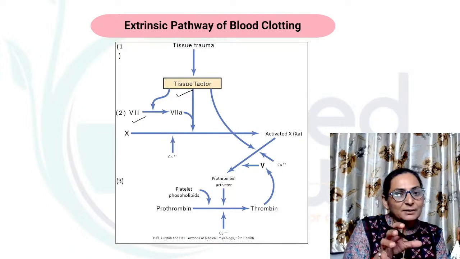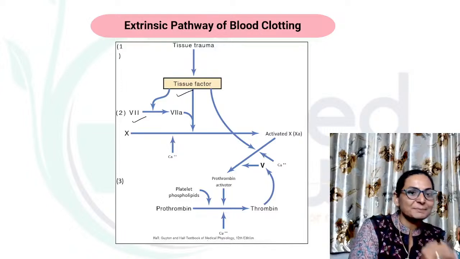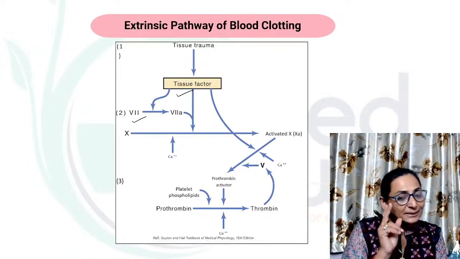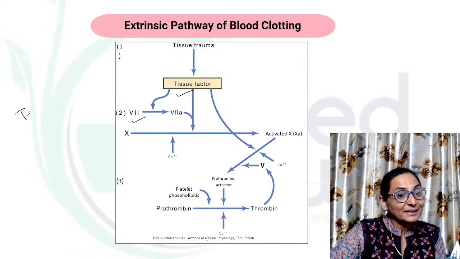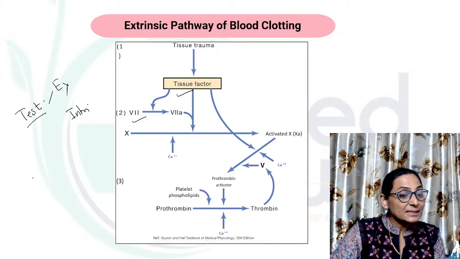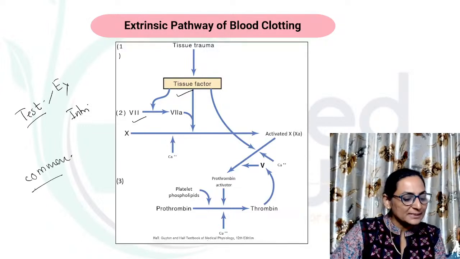So there will be factors which are specific for intrinsic, specific for extrinsic. The next thing which you should learn with this is what are the specific tests for extrinsic and for intrinsic. And there are certain factors which are going to be common to both intrinsic and extrinsic.